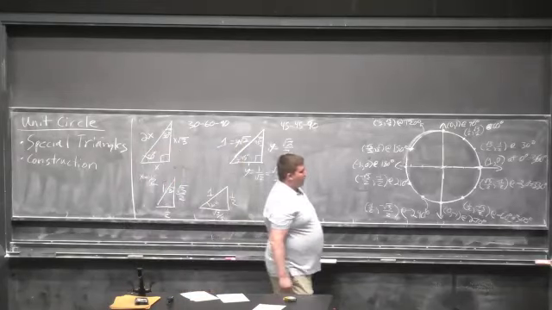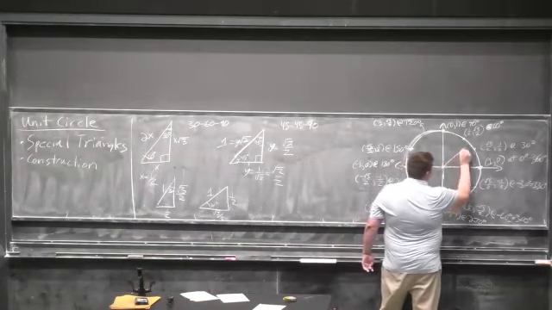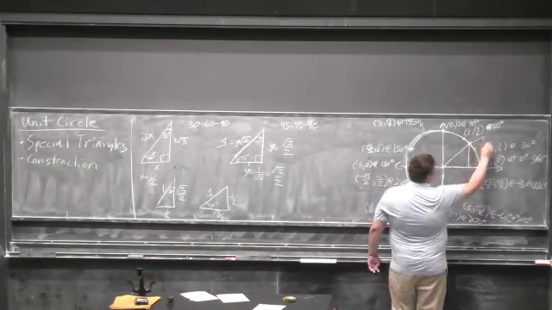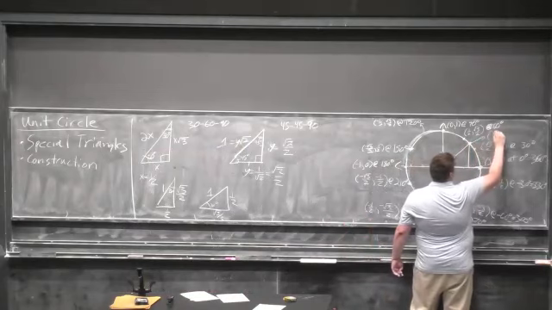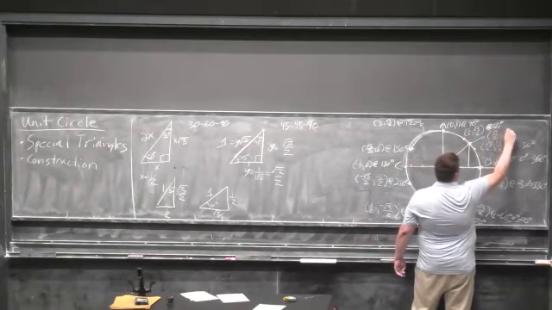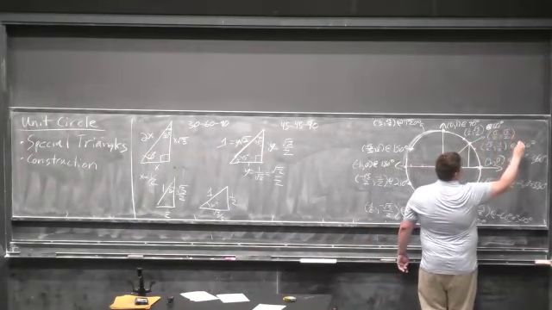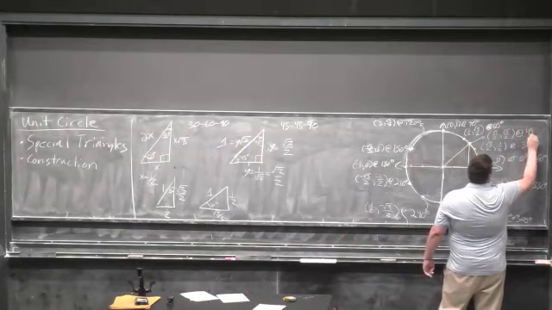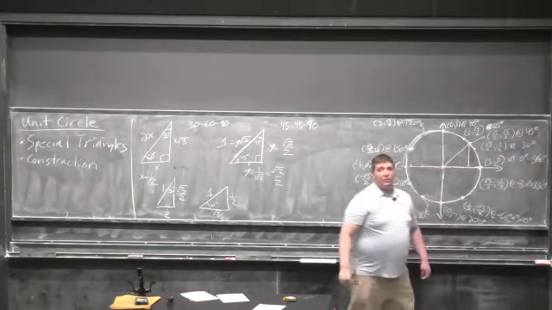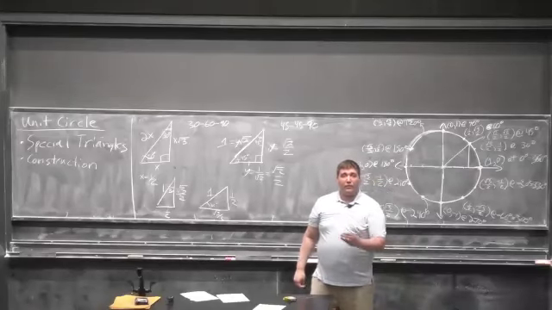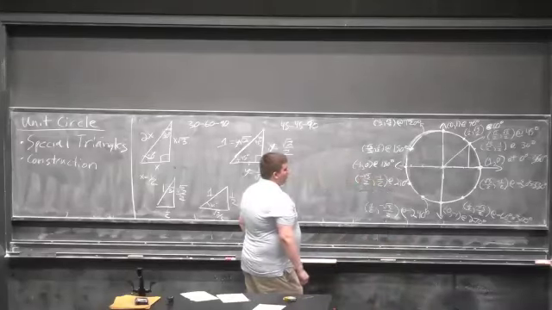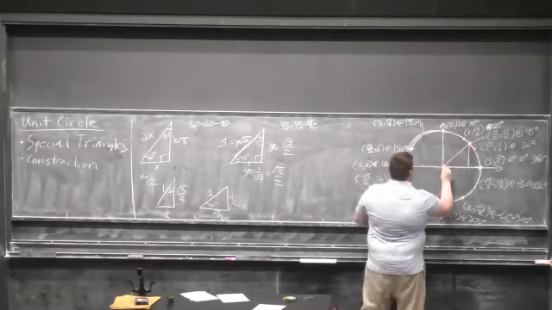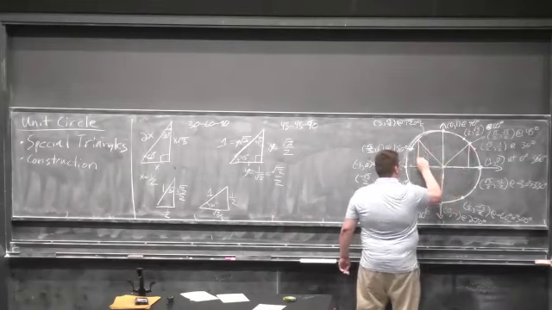So if we have a 45-degree angle, here we have square root 2 over 2, square root 2 over 2, and this is at 45 degrees, or we can label this as pi over 4 radians. We pick this triangle up, we place it over here, and we do the exact same thing.